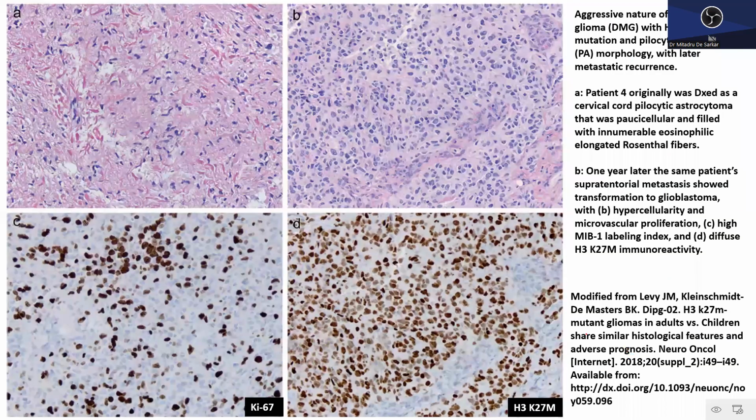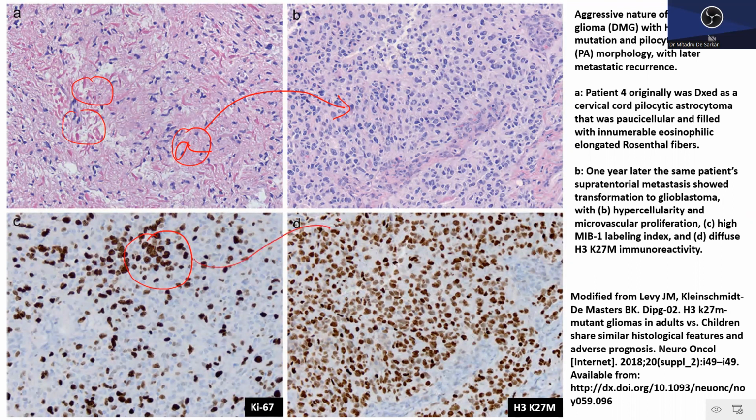This is an interesting case where the first tumor, as in A, gives you a very low-grade kind of piloid appearance with Rosenthal fibers, and as a result, this was initially diagnosed as a pilocytic astrocytoma. The case later recurred as a cellular, higher-grade glial neoplasm, which had increased mitotic activity, as shown by the Ki67 index.